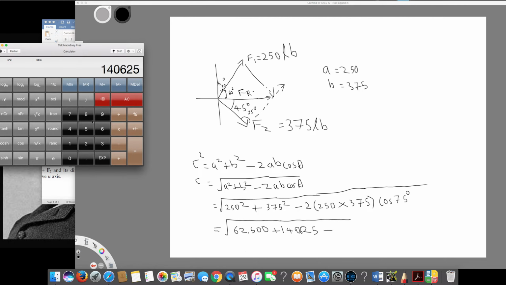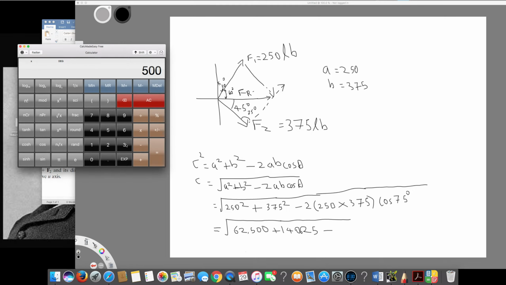Let's see. 2 times 250 equal to 500. 500 multiplied by 375 equal to 187,500 multiplied by cos.